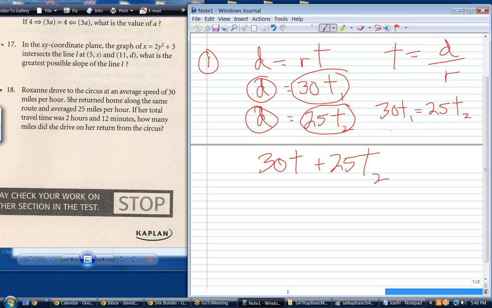So I can definitely make this statement as one of my equations. The other equation is that the total time taken is equal to the total distance divided by the average rate.